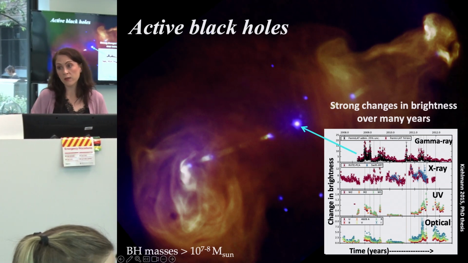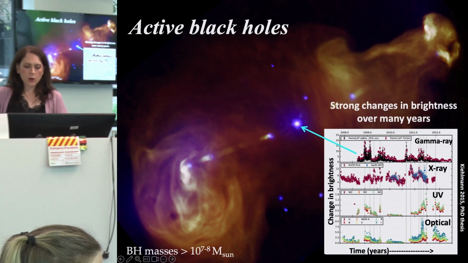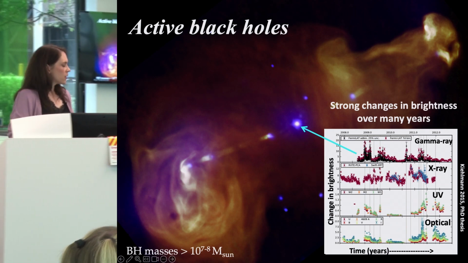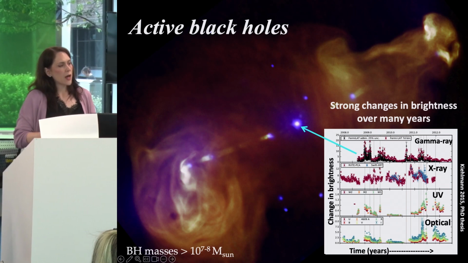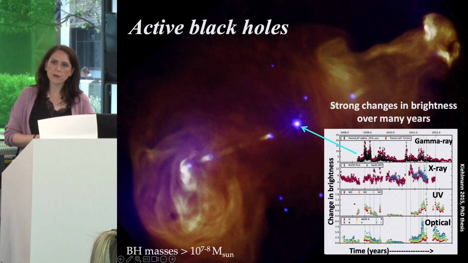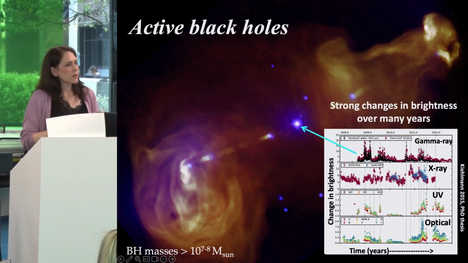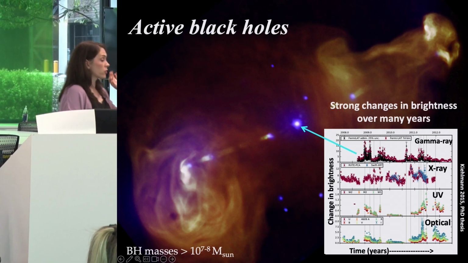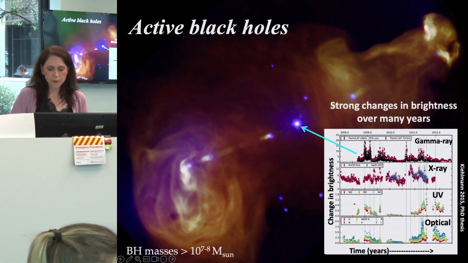It can be a few days to weeks as well. And so this highly variable multi-wavelength emission suggests that there must be something causing significant changes at the heart of this galaxy. And a black hole devouring material is exactly the type of source that you would expect to produce these extreme changes that you see.